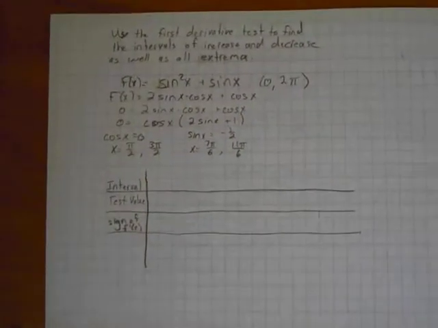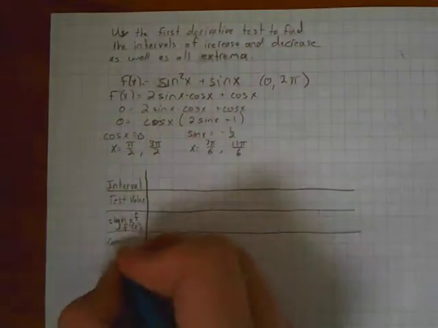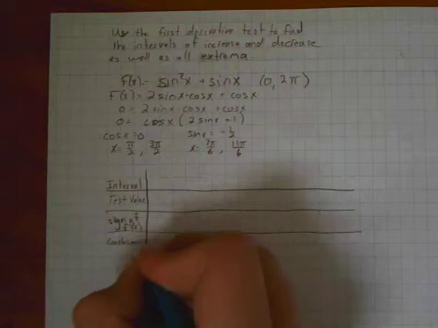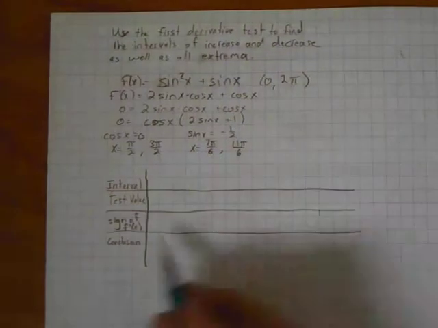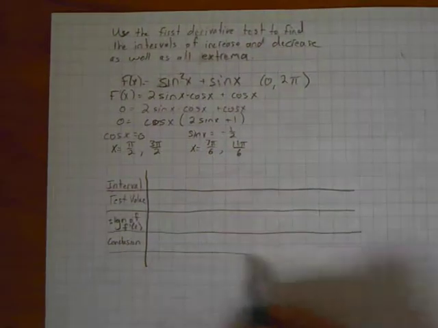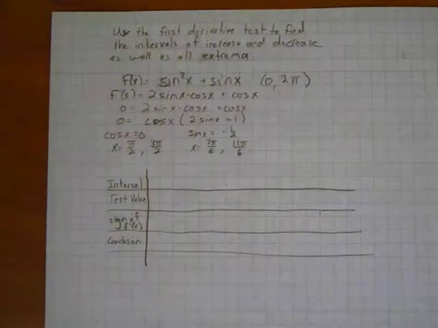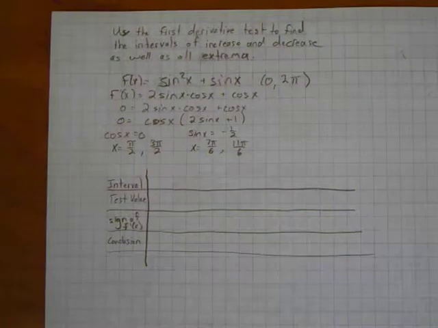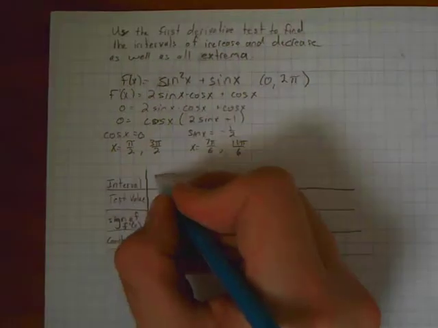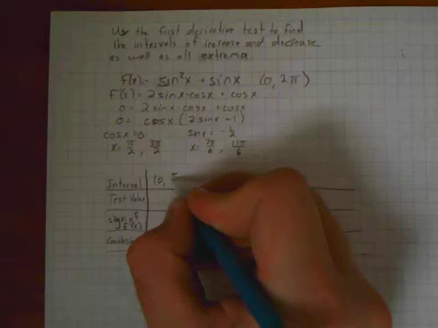Next is going to be our conclusion. All right, and then this one's great because there's no points that are undefined. So we know that all of our changes from increasing to decreasing are going to represent some maximum or minimum.